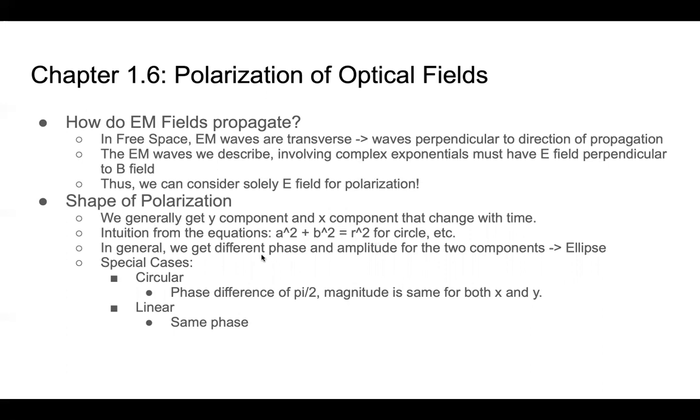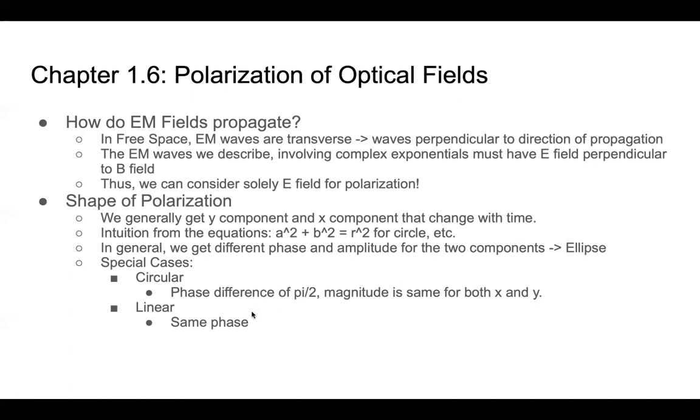In general, we have different phase and amplitude for the two components, so we get an ellipse. The special cases are circular polarization, where we have the same magnitude for both x and y, like this r squared term, and a phase difference of pi over 2.